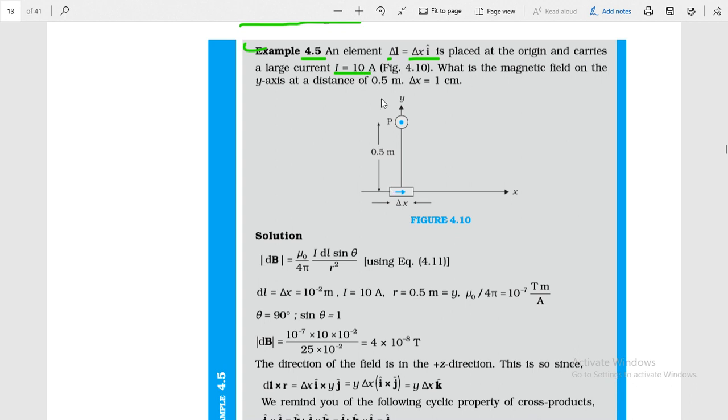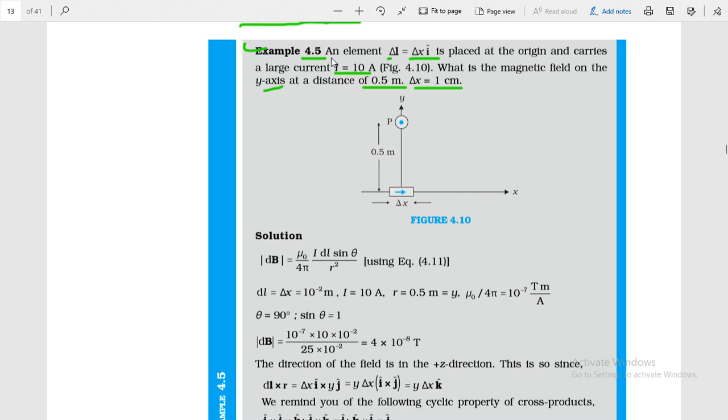So the current flowing through this element dl is 10 ampere, as shown in this figure. Now what is the magnetic field on the y-axis at a distance of 0.5 meter, where delta x is 1 centimeter? I hope you understand that this question is based on the Biot-Savart law.